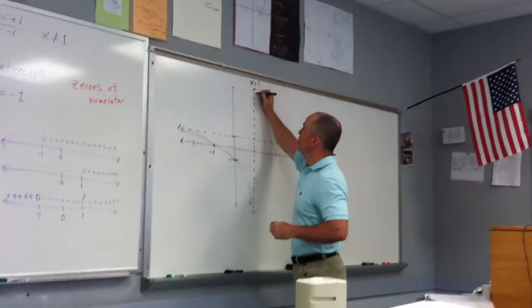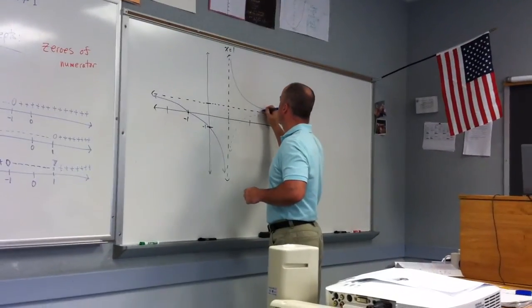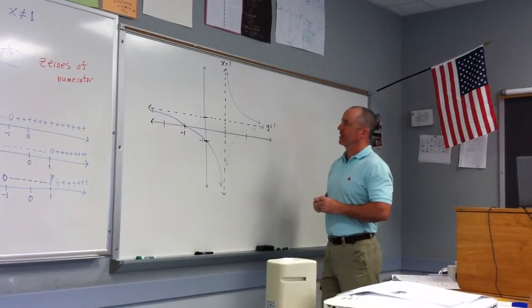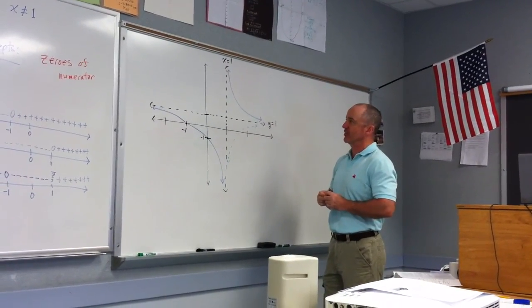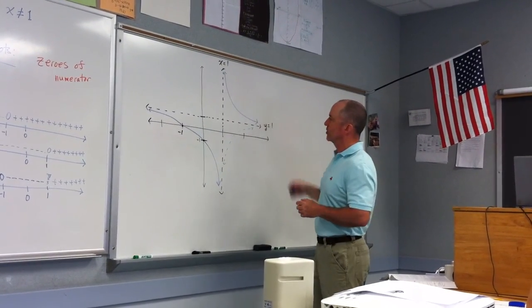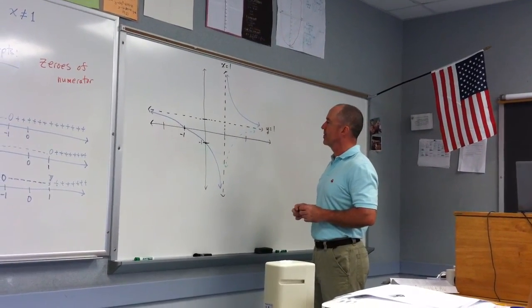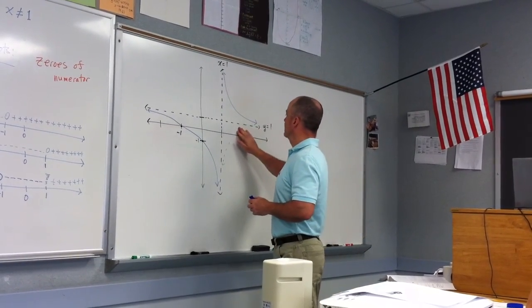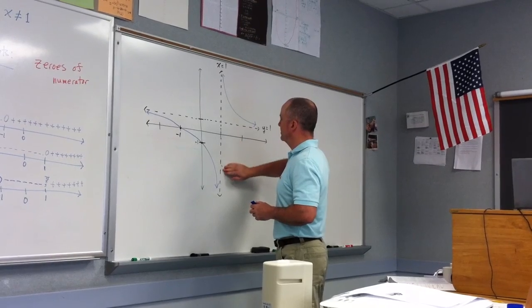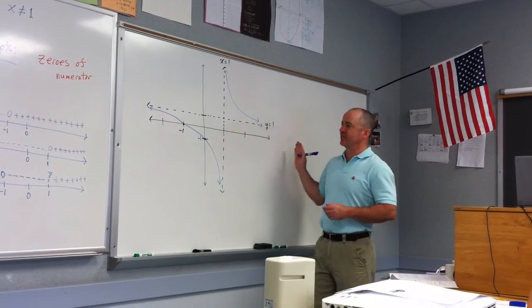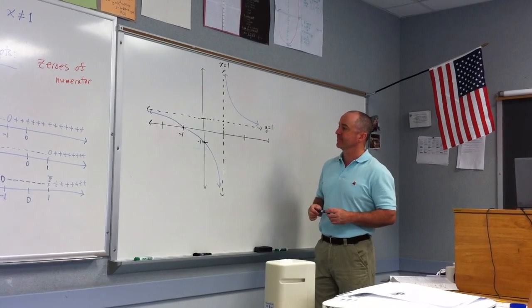So because the y values have to be positive, the only, I don't want to say the only possible because there are other functions, but for this particular function, the only possible behavior is that it looks sort of like y equals 1 over x up there. This is not possible because we don't have an x-intercept and we can't have any negative y values on this side of x equals 1.